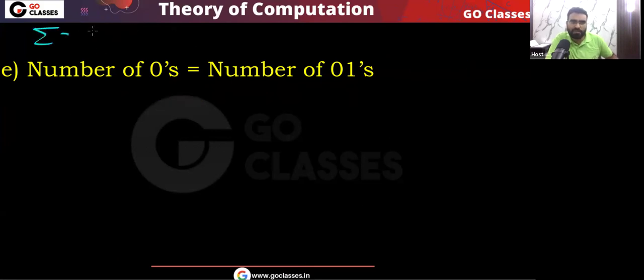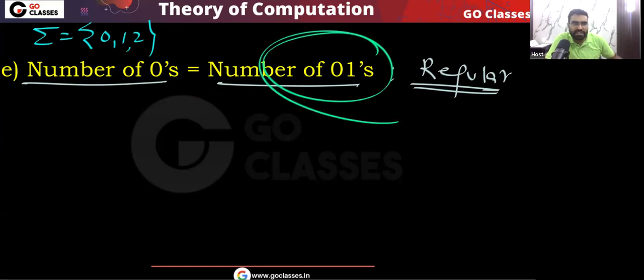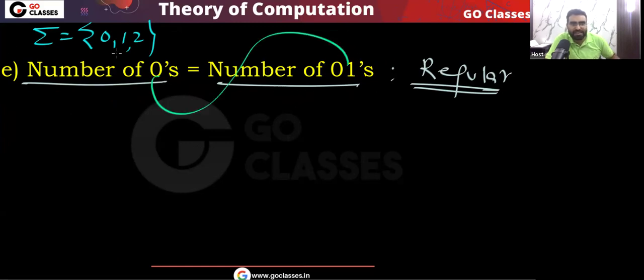Now remember, I have made the alphabet equal to {0, 1, 2}. The language where the number of 0 equals the number of 01 is still regular. Why will this still be regular? Because already in this 01, 0 is there. This 2 cannot do anything.